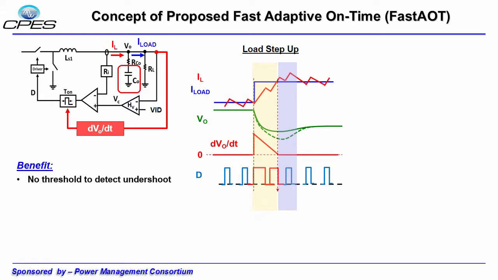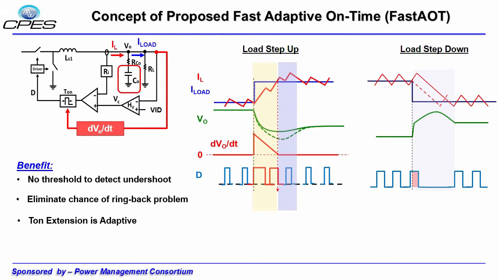No threshold is required to detect the undershoot, it eliminates any chance of ringback of Vout, and this T-on extension is adaptive. On the other hand, when Vout overshoot occurs at the load step down, this dV/dt can immediately go low, and that can be used to truncate the T-on pulse, which will make IL reduce immediately and reduce the overshoot at the output eventually.